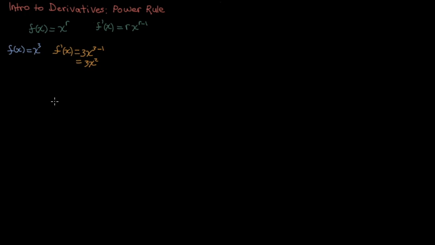So for example, let's do a quick practical example here. Let's say that you were given a function that models or describes the position of an object with respect to time. So let's say, I'll write this down first.